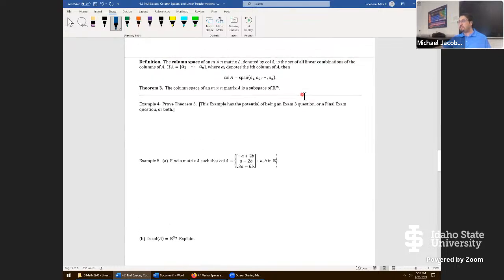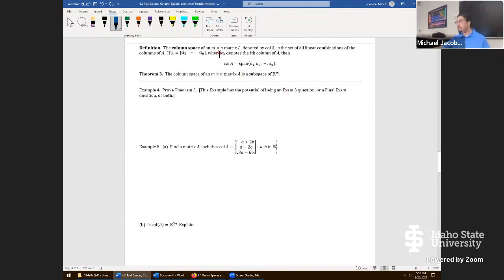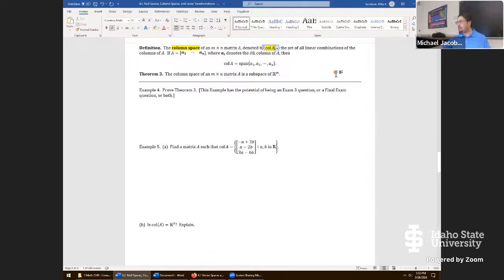Getting back to this definition, here's how the column space goes. We'll have another m by n matrix A, and the column space, I'll typically just write by saying Col A for column space A. Oftentimes I'll put a parenthesis around the A, reminding me of function notation. That's more of a stylistic choice.